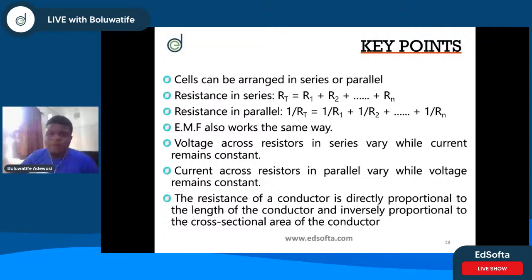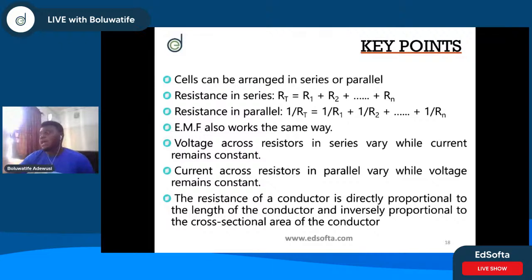When they are arranged in series and in parallel, you can have a circuit that has a resistance and a cell. You can have a circuit that has a voltmeter, the point of which is so that you can measure your voltage.